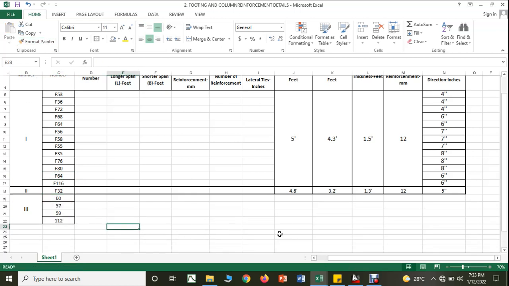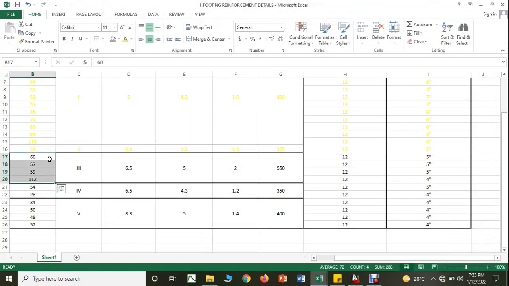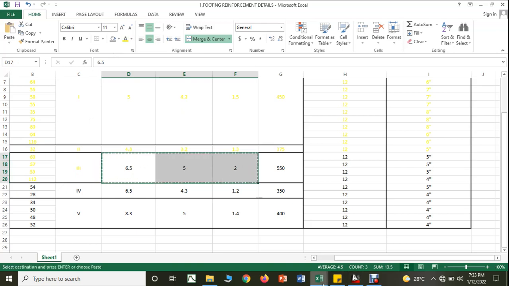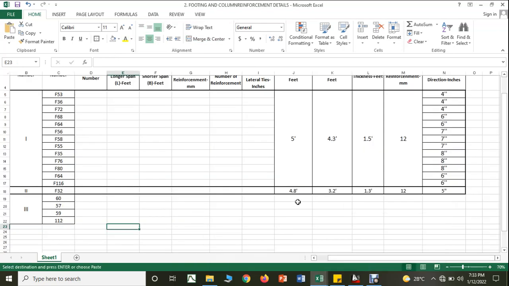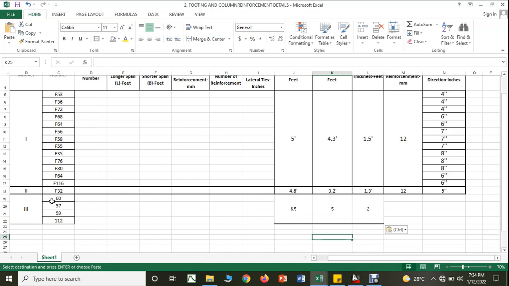Okay, then what about this dimension? So this one is 6.5, 5.2, right?